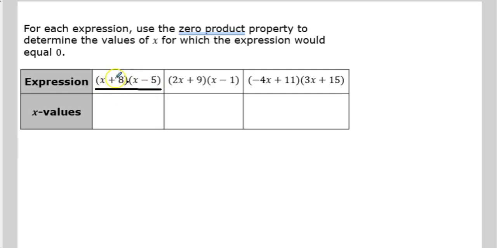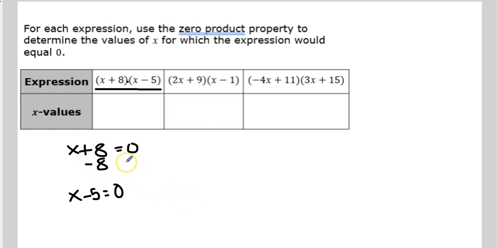We don't know what it is because we don't know what x is. But if this is equal to 0, I can set both of the factors equal to 0 to find my solutions. So I'll set x plus 8 equal to 0, and I'll take x minus 5 and set that equal to 0.